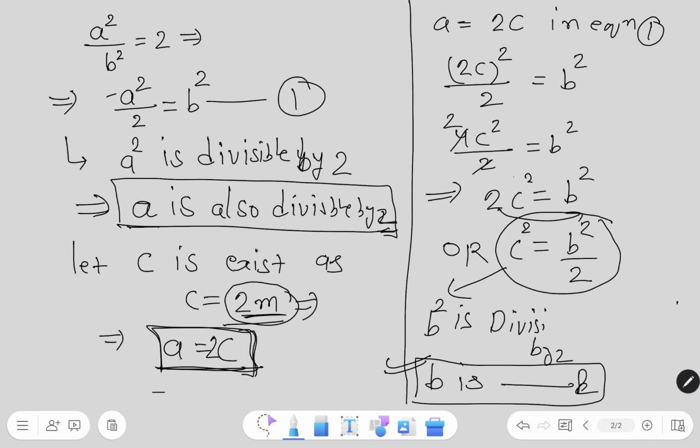But now अभी क्या है हमारे पास में कि a भी जो है वो 2 का मल्टीपल है. Okay, and b is also a multiple of 2. So now our assumption, अभी क्या आ रहा है, a is a multiple of 2 and b is also a multiple of 2.